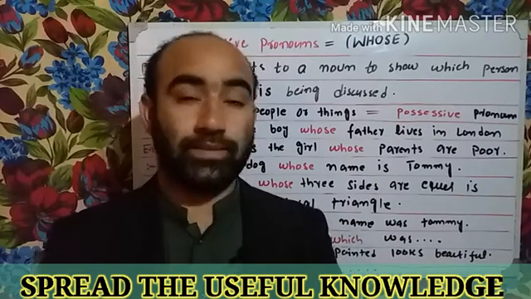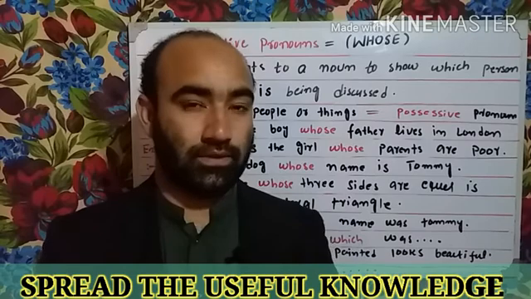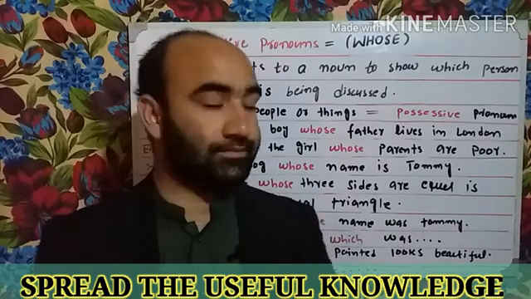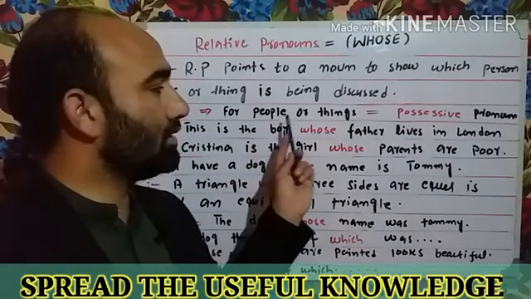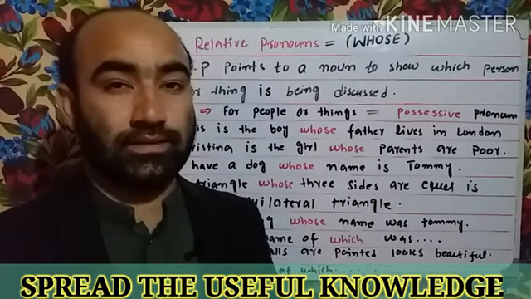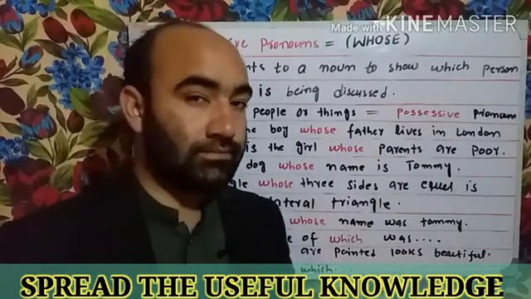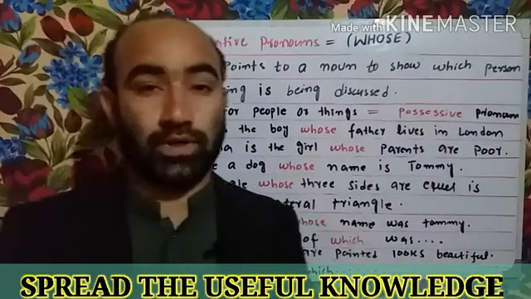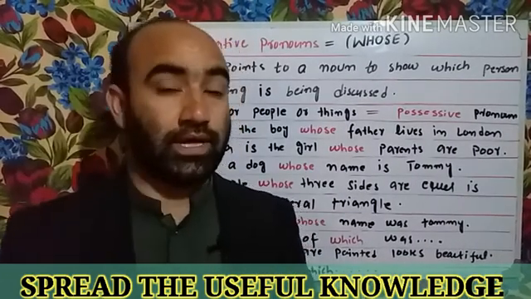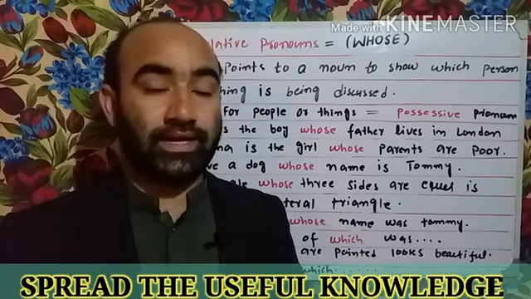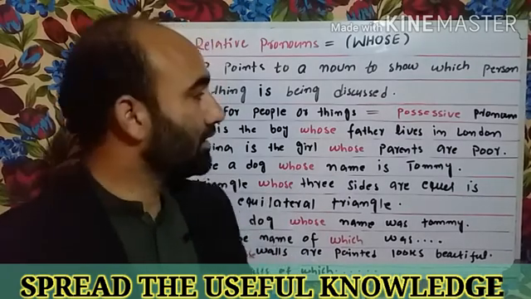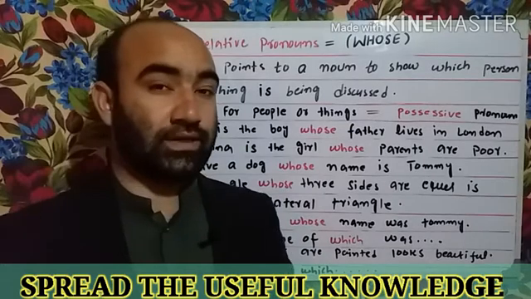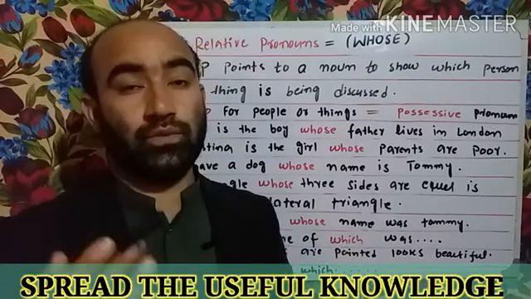Now let's talk about the relative pronoun whose. Whose is used for people or things. We can use the relative pronoun for human beings as well as for non-living things. And what is the function of the relative pronoun whose?